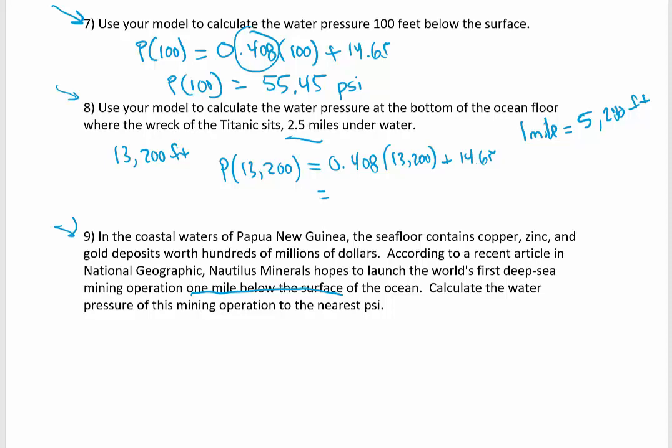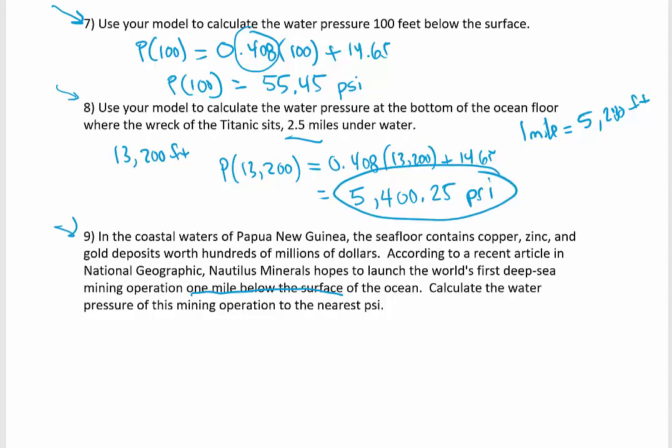So I'm taking 13,200 times 0.408 plus 14.65, which is going to be 5,400.25 PSI, and I think it's reasonable just to round it to the nearest PSI. 5,400 pounds per square inch would have been a fine answer there as well.